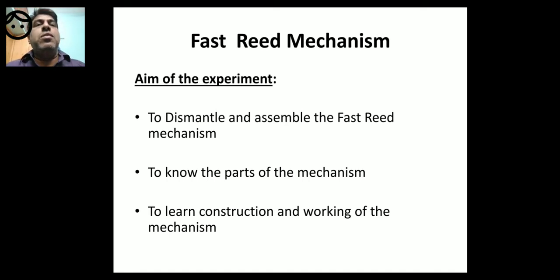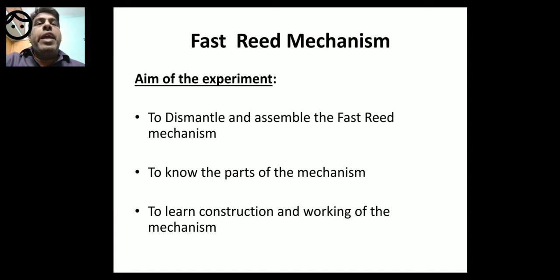What is a primary mechanism? A primary mechanism is a mechanism without which the loom cannot run, or which is essential for running of the loom. These are the most important mechanisms in the loom. Next is the secondary mechanism.